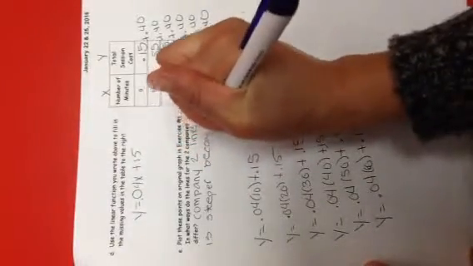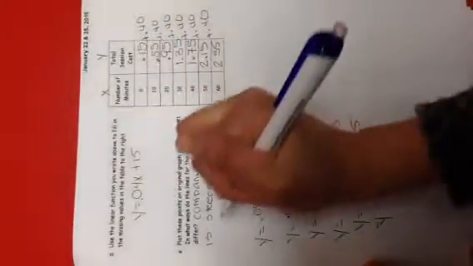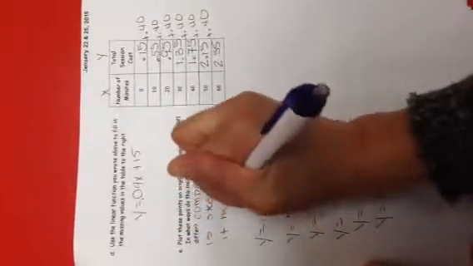And that's only because they charge 40 cents while the other company charged 30 cents a minute. So I say it's steeper because it has a bigger slope.